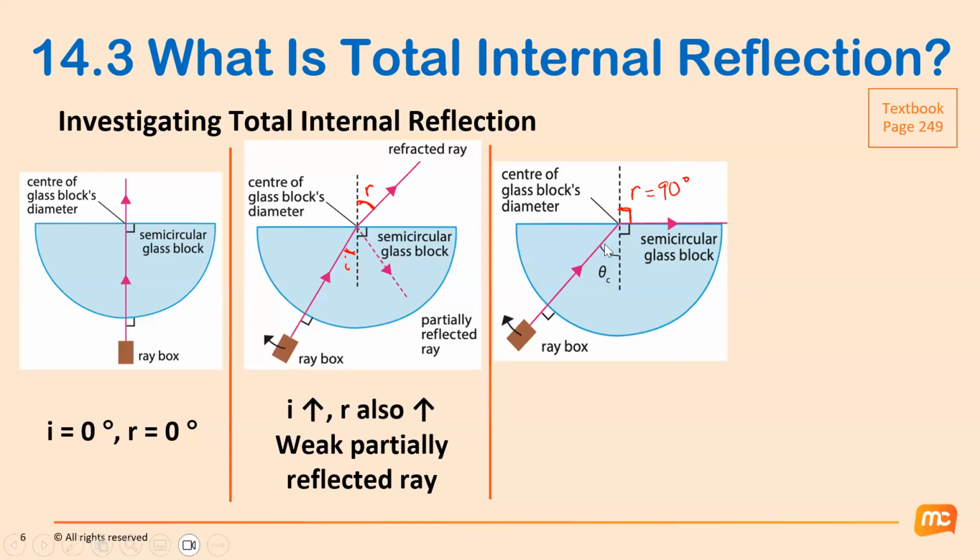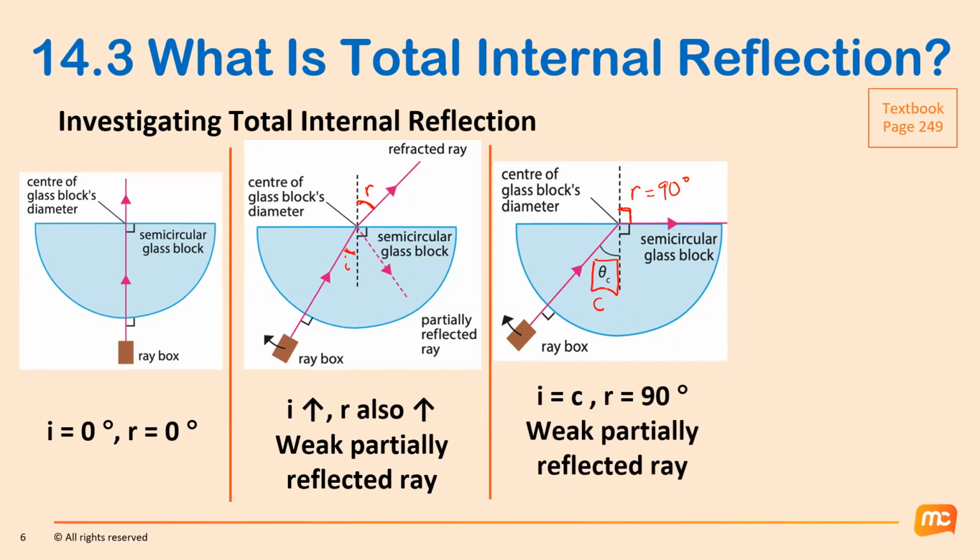This very special angle, we call it the critical angle. So when the angle of incidence becomes equal to the critical angle, the angle of refraction will become 90 degrees. Again, there is still a weakly reflected ray, but that is very small.